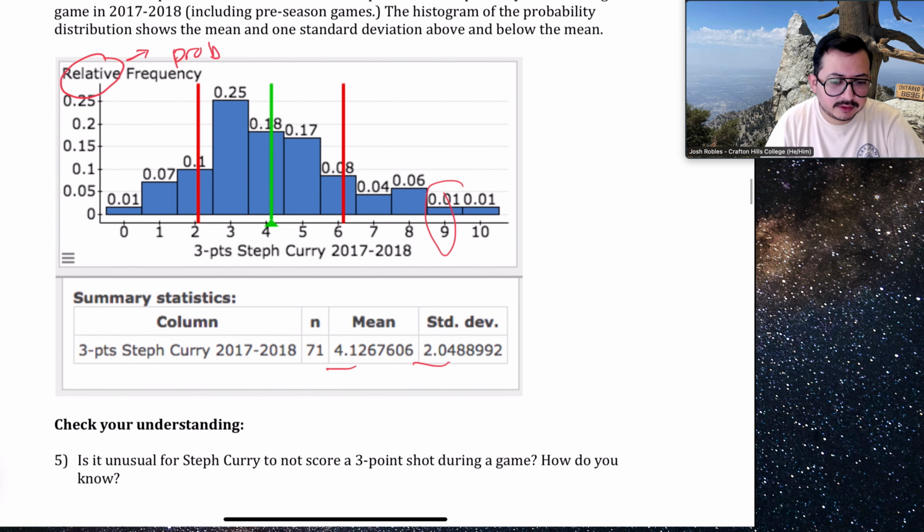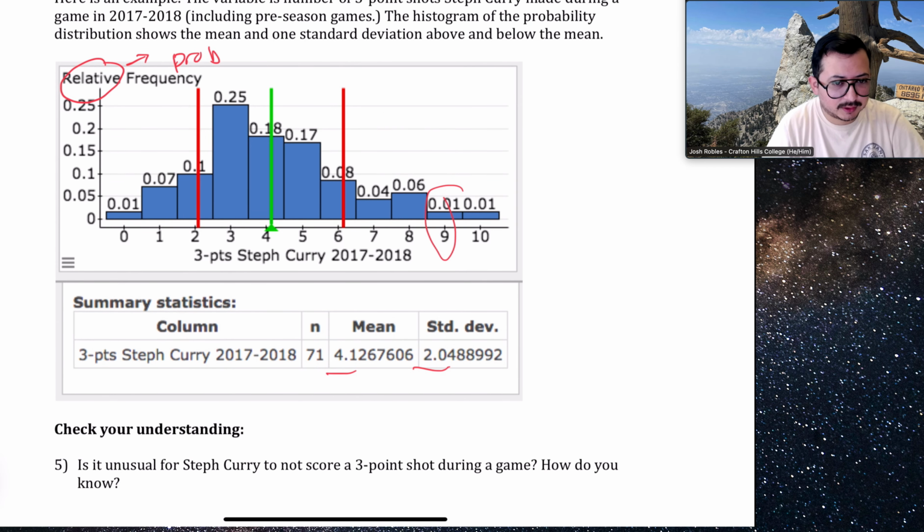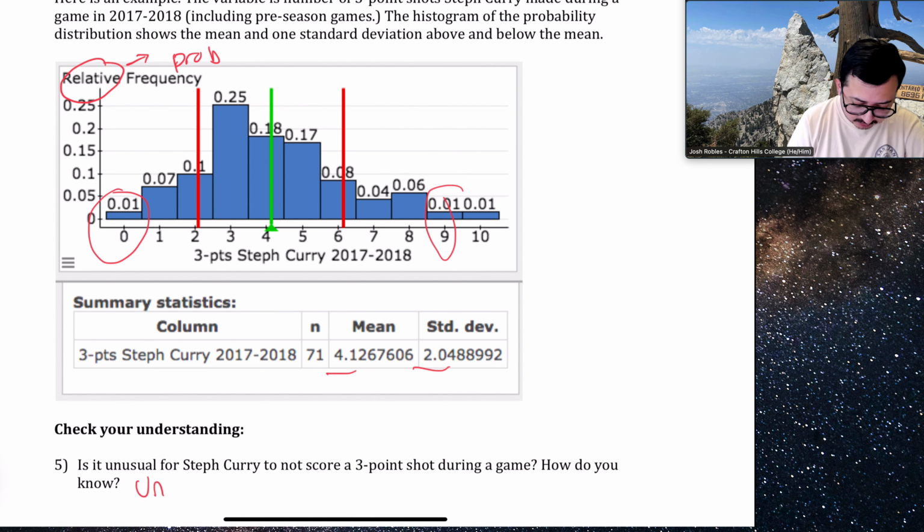Okay, so is it unusual for Steph Curry to not score a 3-point shot? Right, what would that mean? That would mean 0 3-pointers. It's only 1%, so yes, it definitely seems unusual. Only 1% of the time.